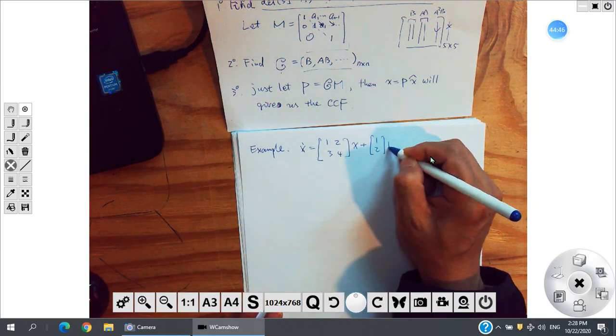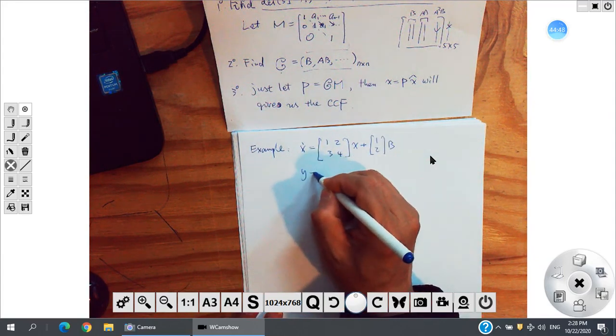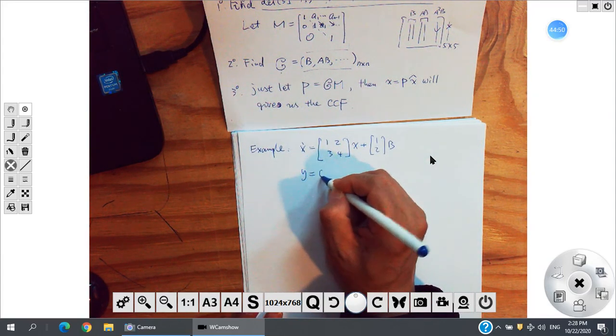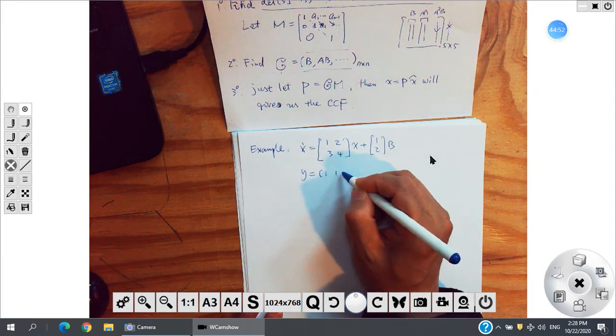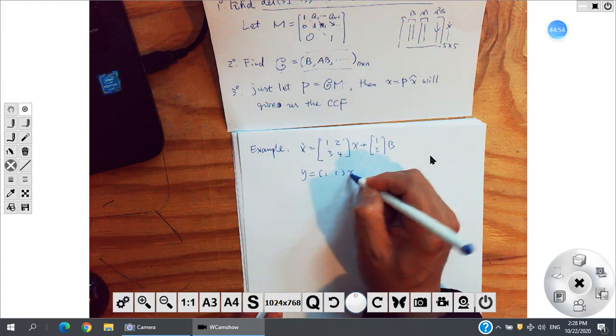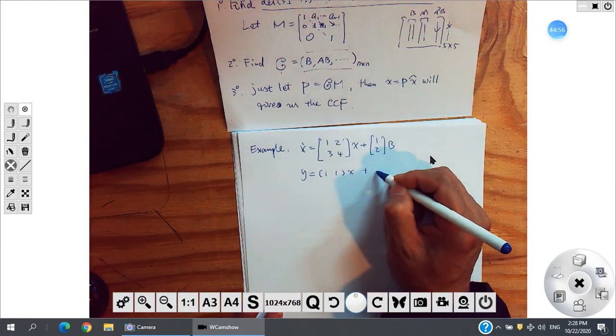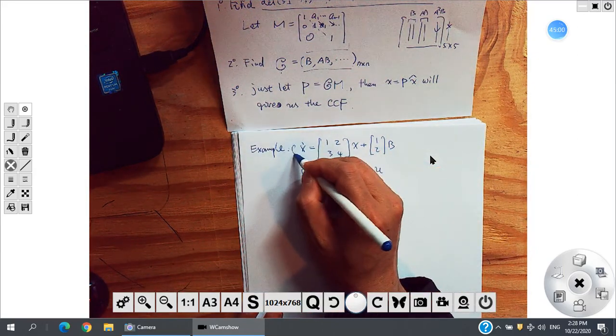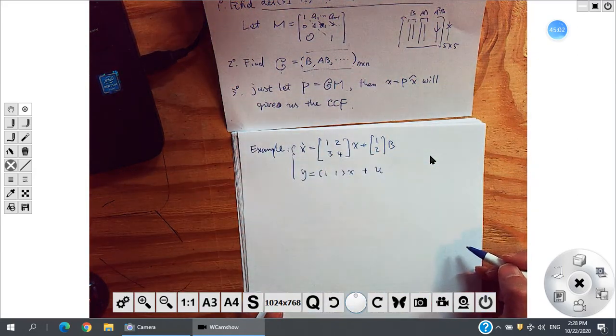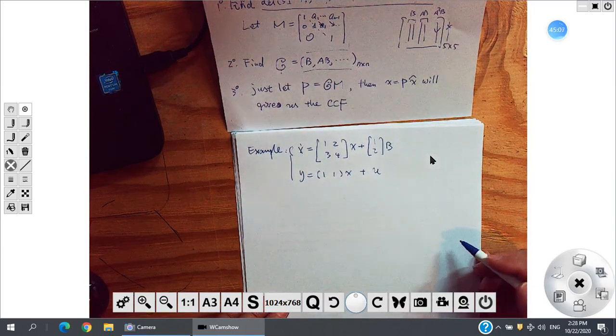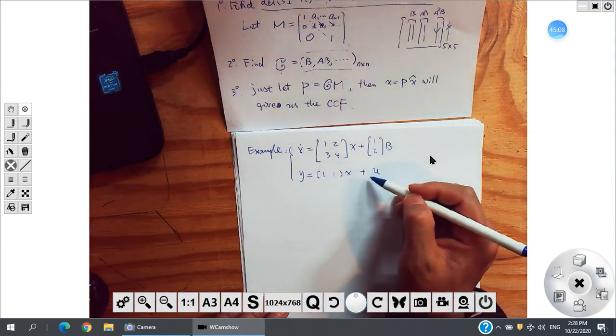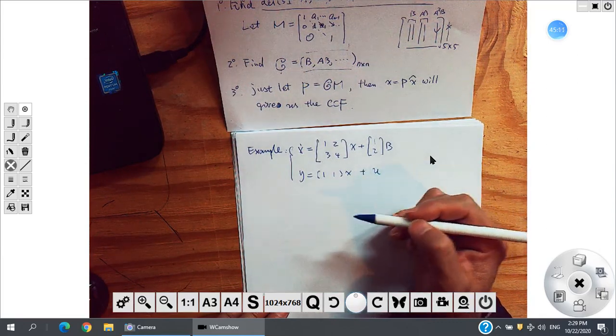And Y equal to C times X plus D times U, where C is 1, 1 and D is 1. We use this as an example. Then you can have the CCF. Actually, you can find the transfer function, and based on the transfer function you can have the CCF.